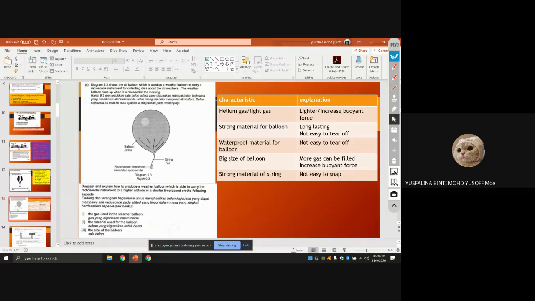Fourth is the big size of the balloon, so more gas can be filled, or you can say increase the buoyant force. And the last one is a strong material for the string, so not easy to snap. So this is the modification for the weather balloon.